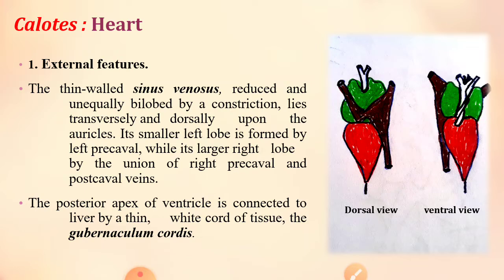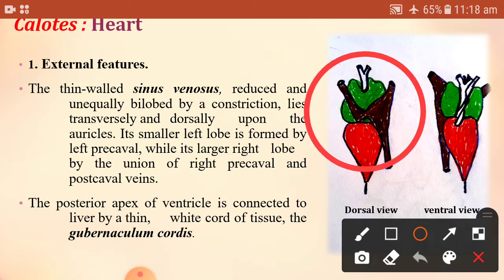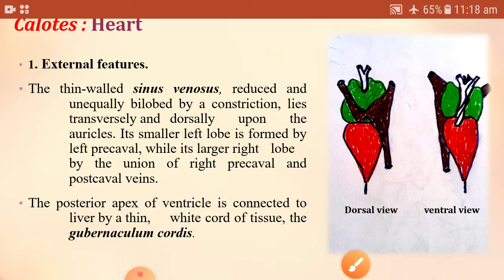Then there is another important structure attached to the auricle, that is called the sinus venosus. This black colored structure is the sinus venosus. In Calotes, the sinus venosus is reduced and is an unequally bilobed structure, having two lobes.